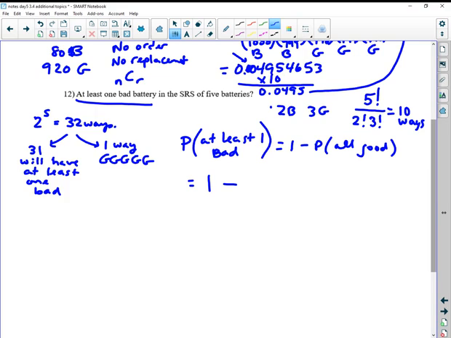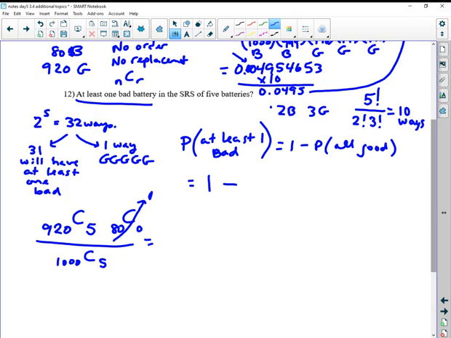Well, the fastest way to do that would probably be to say, let's get our 920 batteries. Let's pick, without worrying about our order, let's pick 5 of them. And out of our 80 bad batteries, we don't want to pick any of them. So that's great. That goes to 1. Out of 1,000 batteries in all, where we're picking 5 of them.